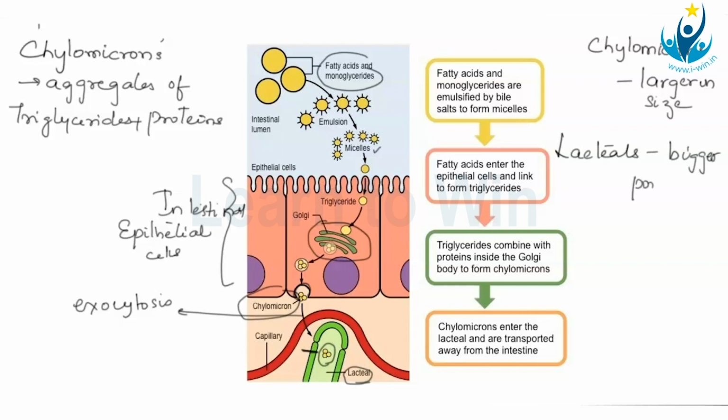The pore size is larger in the lacteals than in the capillaries, and that's why they enter the lacteal. From the lacteals, they are transported via the lymphatic vessels into the thoracic duct, and then they enter into the blood capillaries. So this is the absorption of fats. This is specifically the absorption of fat in the small intestines via the lacteals.